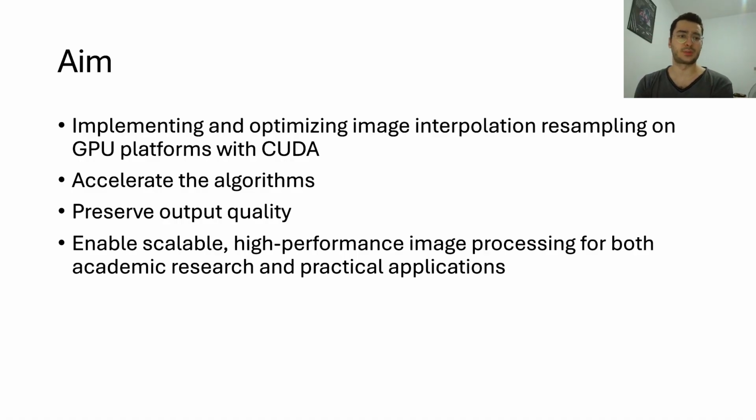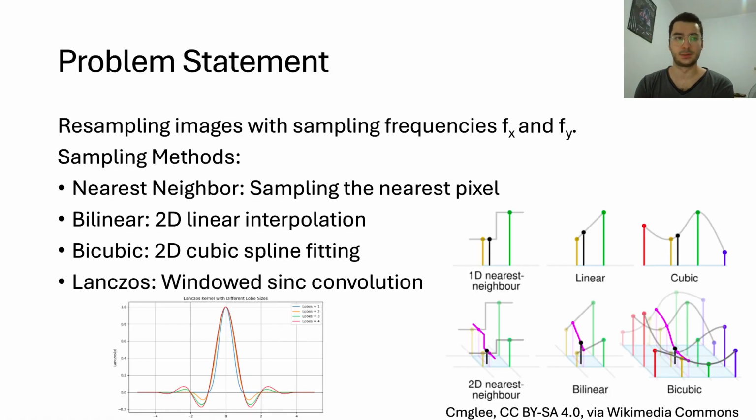So the aim of this project was to implement optimized image interpolation resampling using CUDA on GPU platforms. We want to accelerate these algorithms as much as we can while preserving the output quality. By doing that, we will enable scalable high performance image processing for both academic research and practical applications.